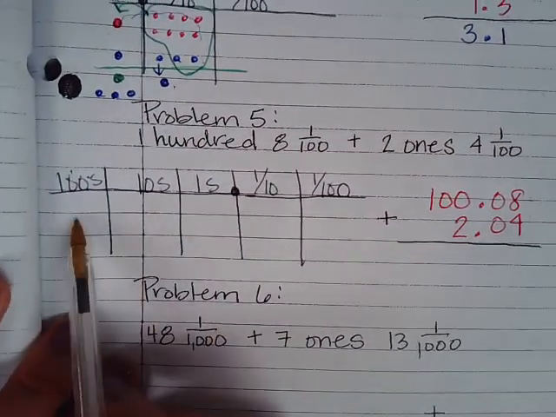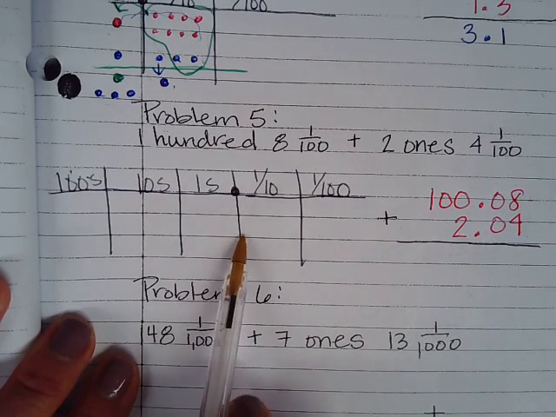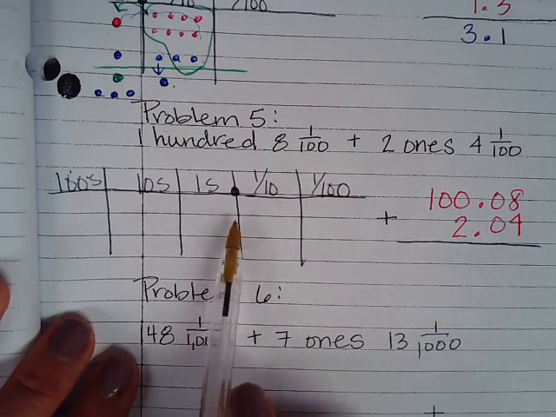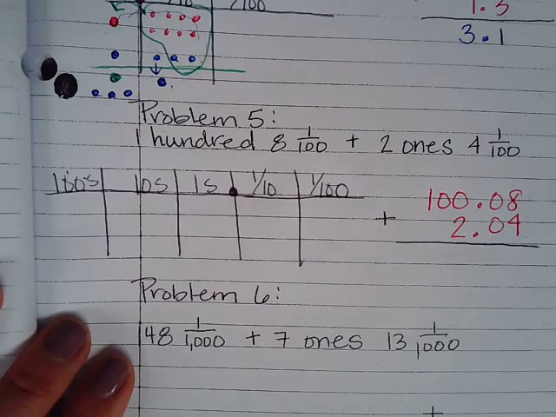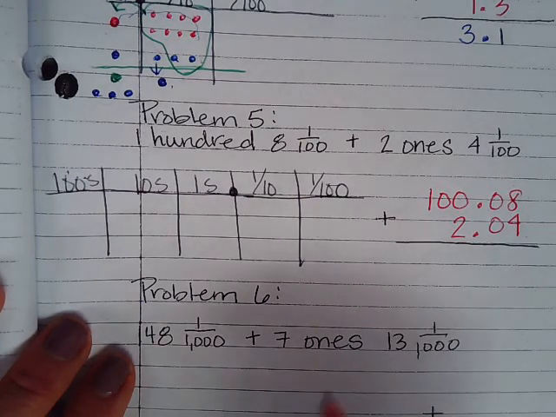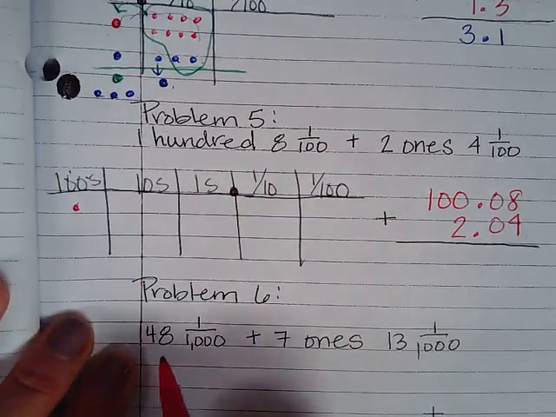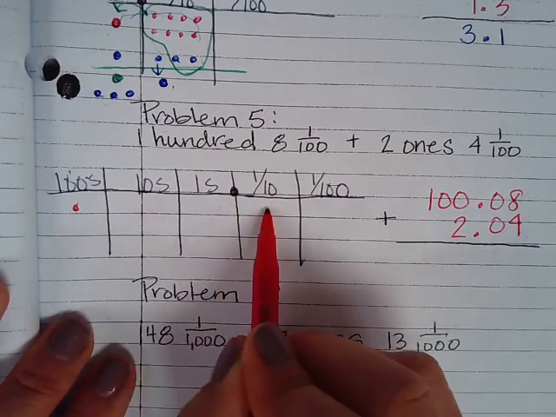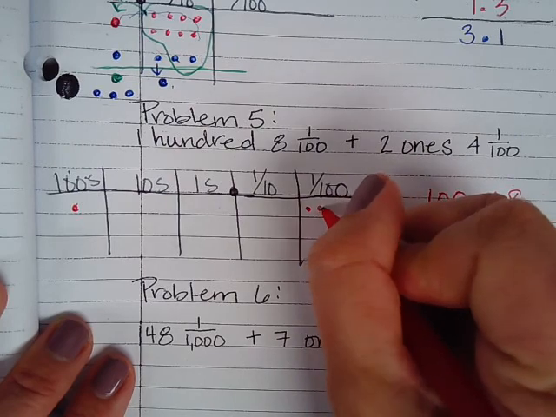Okay, remember, you're taking notes just like this because this is going to be the requirement to do both of these to prove your answer. This is evidence. So now, if we go in and we place our numbers in here, we have 100, we have 0 tens, we have 0 ones, we have 0 tenths, and we have 8 hundredths.